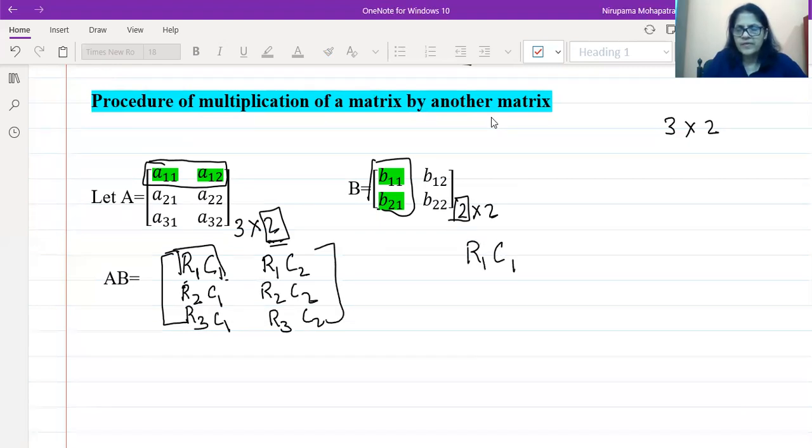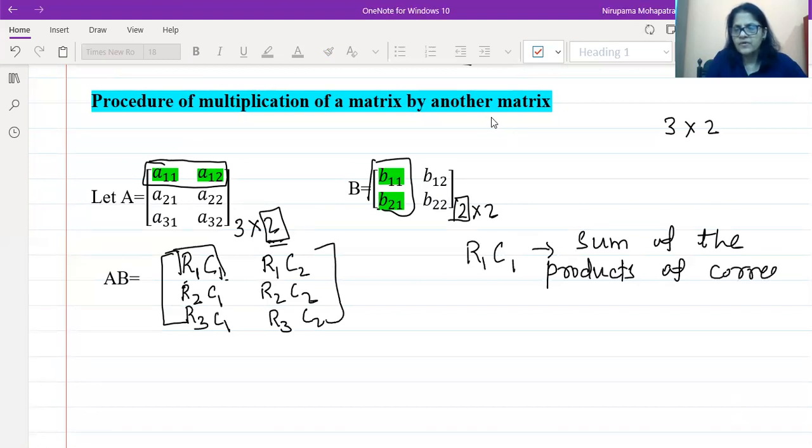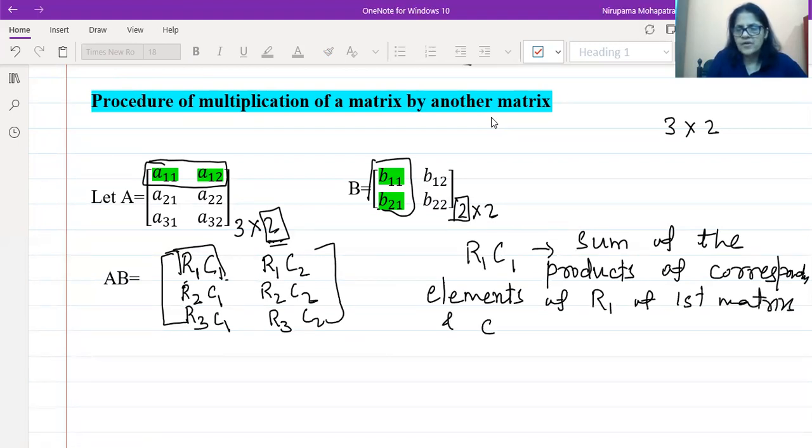R1C1 means the sum of the products of corresponding elements of R1 of the first matrix and C1 of the second matrix.